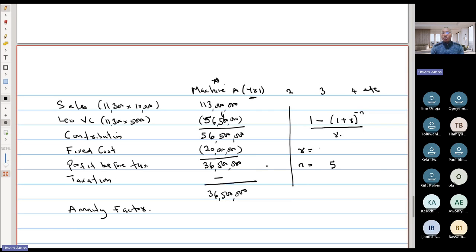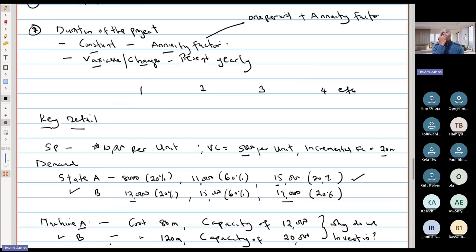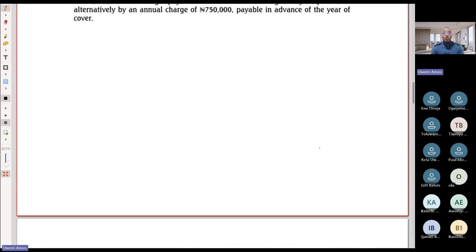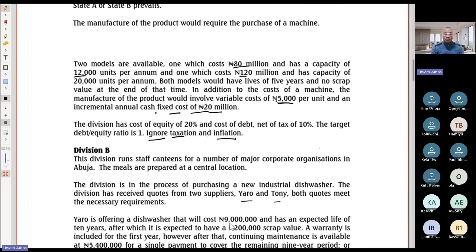Now, if the company has just one source of finance, they'll give you the cost of capital. However, if the company has more than one source of finance, oftentimes they will give you the cost of the different sources of finance. For example, for this question, it mentions that the division has the cost of equity at 20%, the cost of debt at 10%.